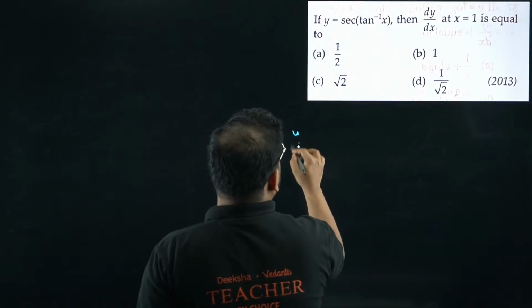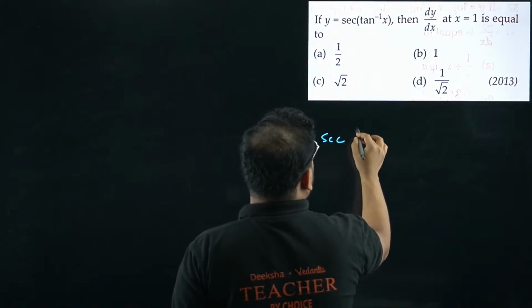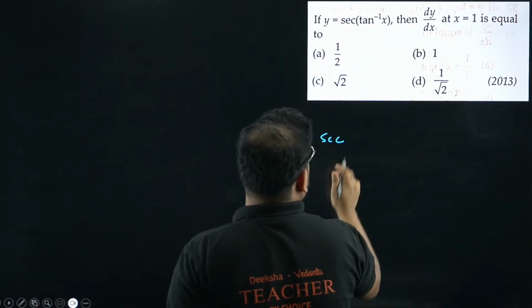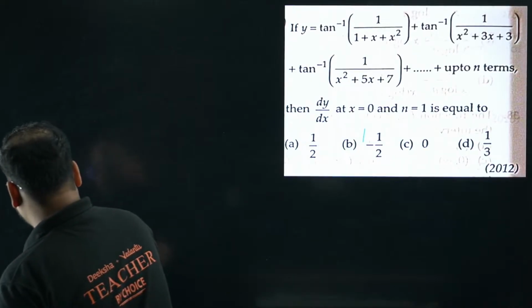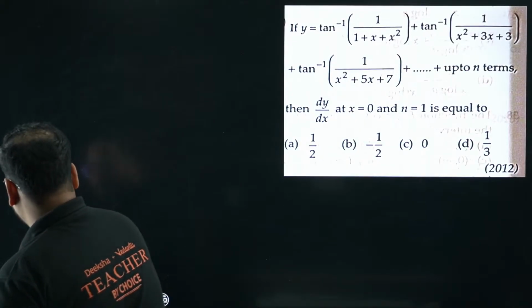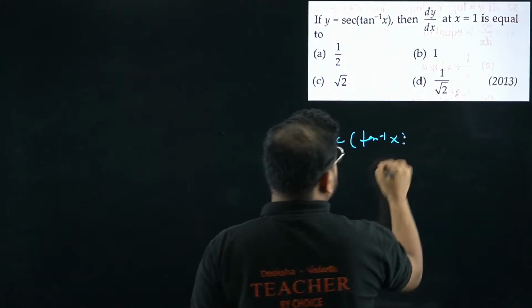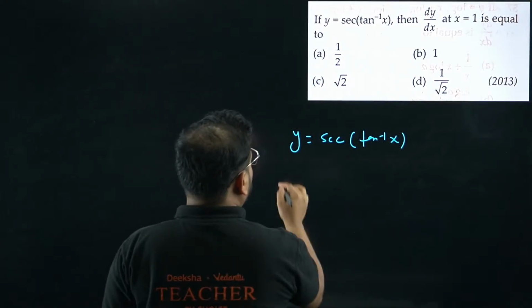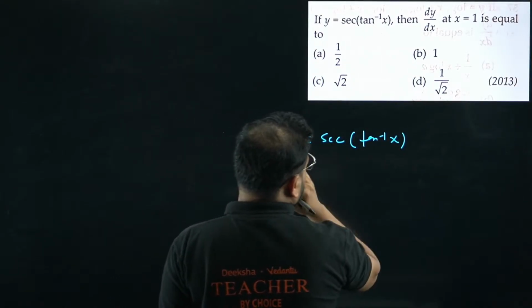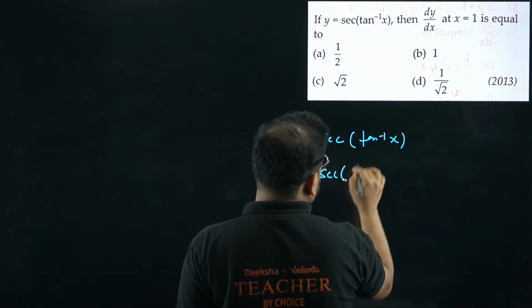Y equals sec of tan inverse of x, right? I'm going to differentiate this. So I'll have y dash as sec of this value.